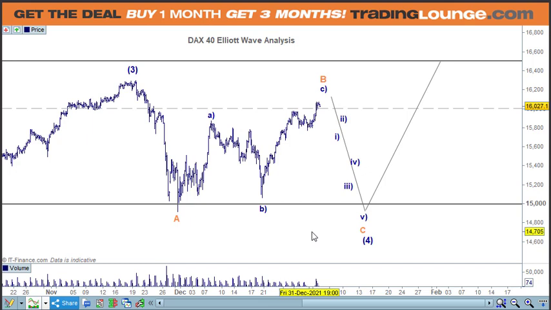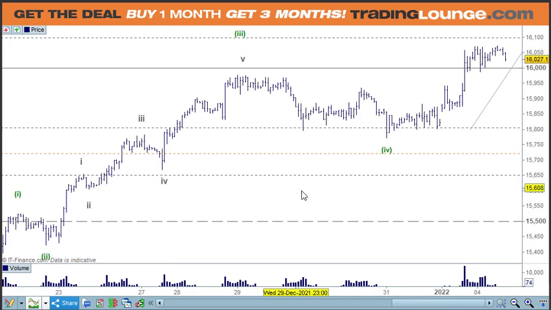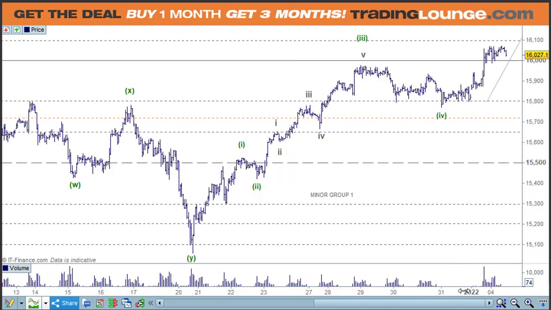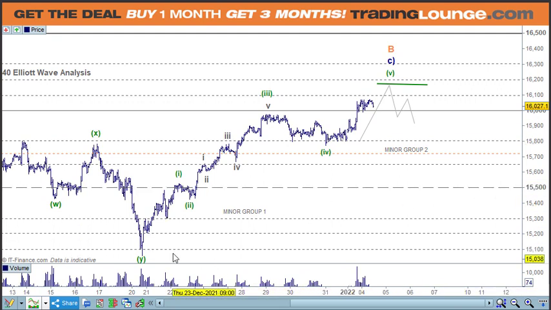So this is the shell of it, but let's go in a little bit further and understand this move here. This is how I've counted, a bit different here than the stock 50, as 1 and 2 and 3 and 4 and 5 for 1 and 2 here, then 1, 2, 3, 4 and 5 here as 1 and 2 and 3 and 4 and 5 for the third wave, fourth wave and fifth wave here.